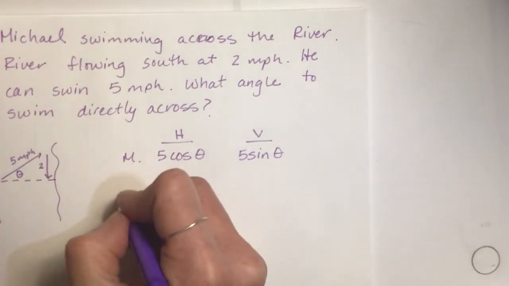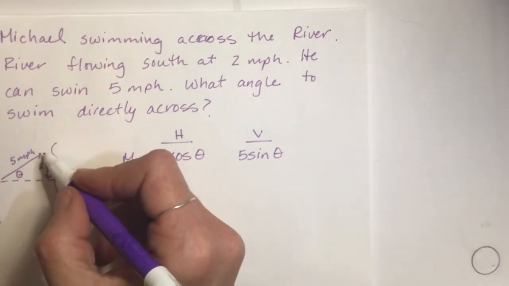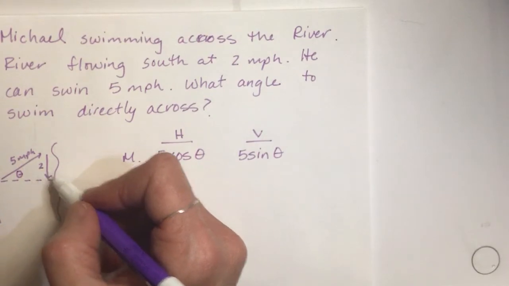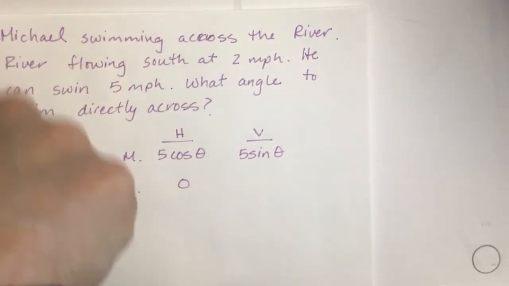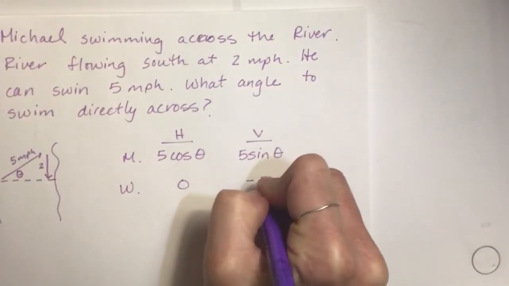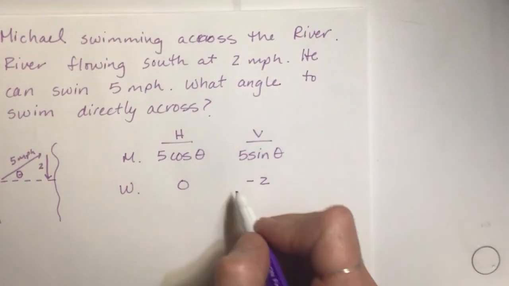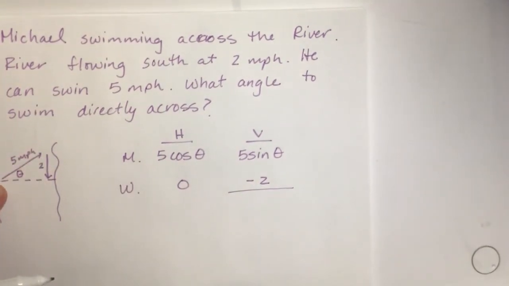And the water, or the river, is going south, or down. Does it have a horizontal component? No. So our horizontal component is 0, and our vertical component is down 2, so it's -2.